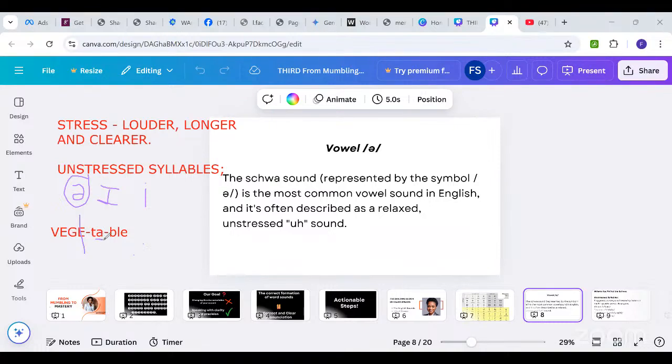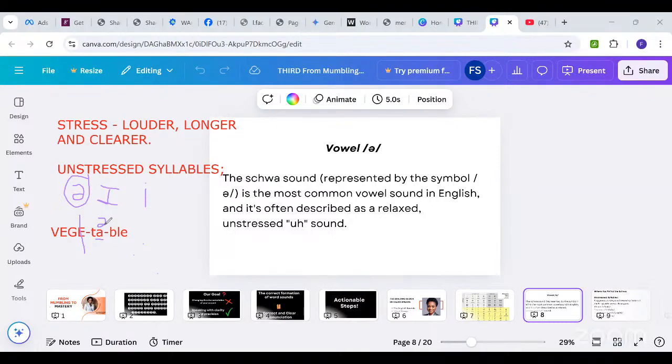Vegetable. So the letter A here, naturally, we're supposed to say table. But because TA here is in an unstressed syllable, the vowel there has to be reduced into a schwa.